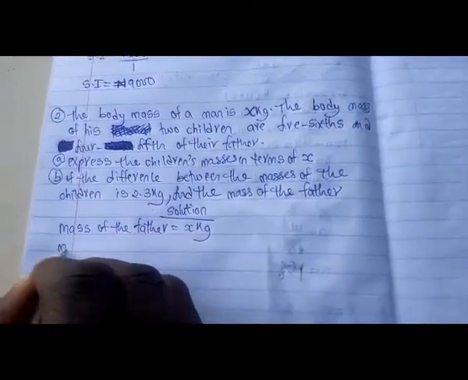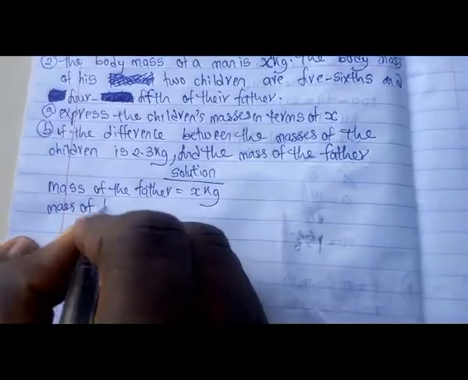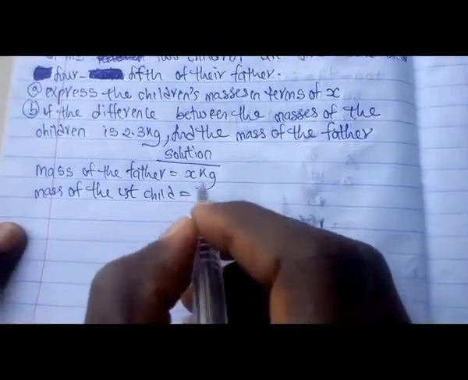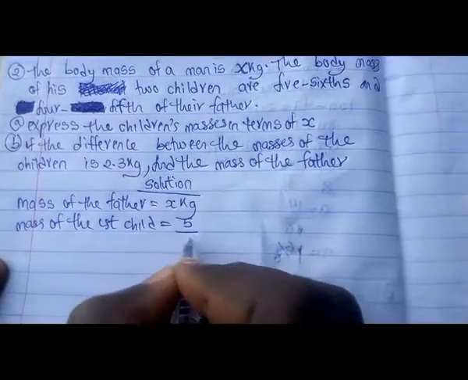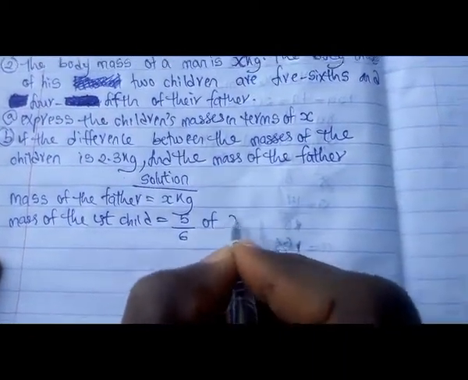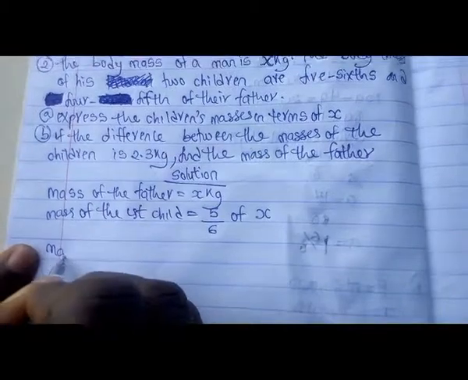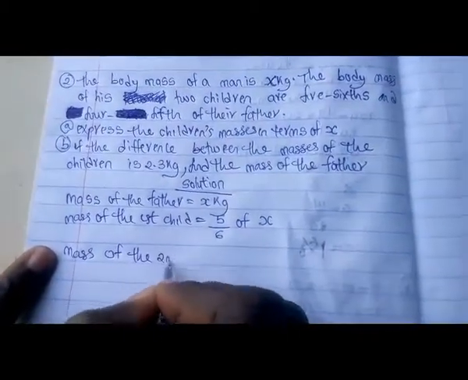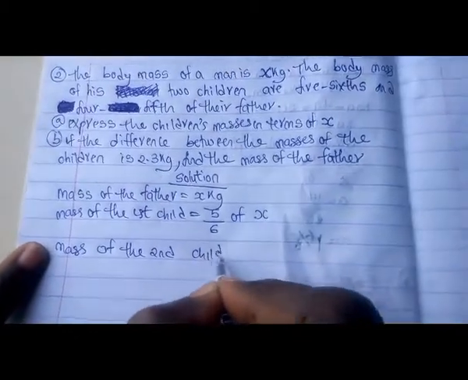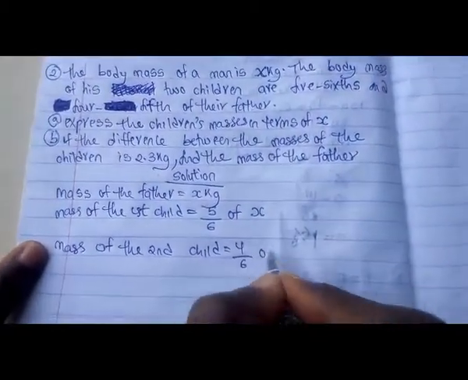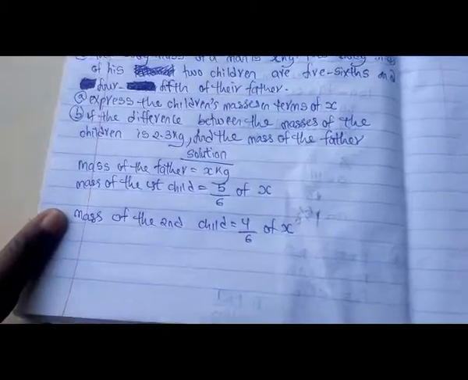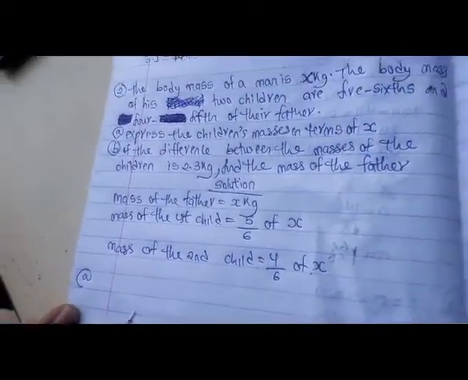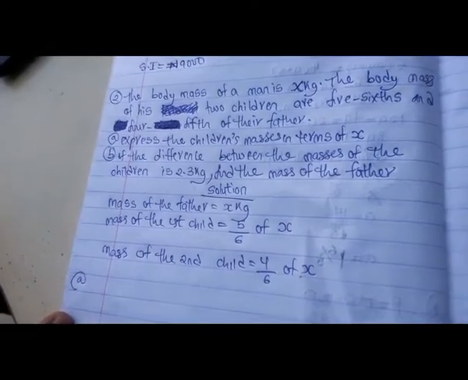The mass of the first child is 5/6 of x. The mass of the second child is 4/6 of x.